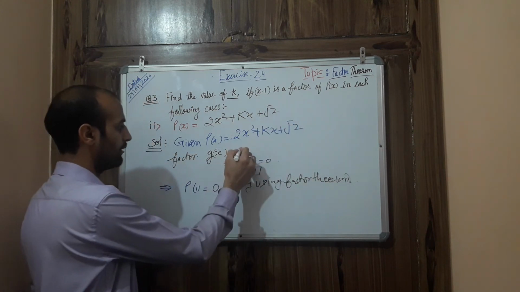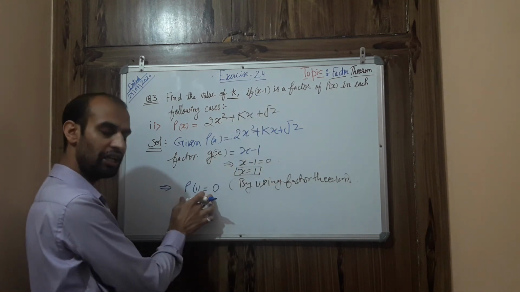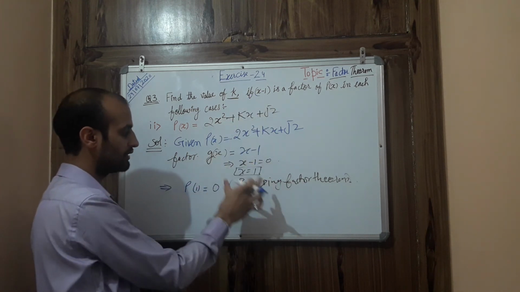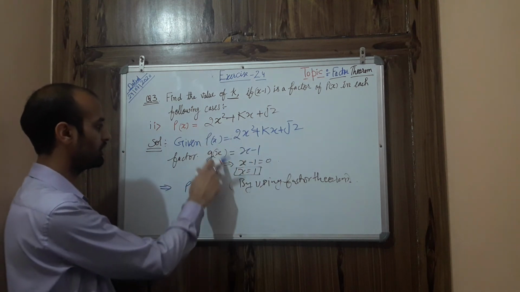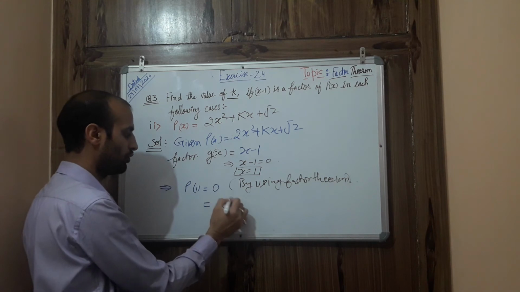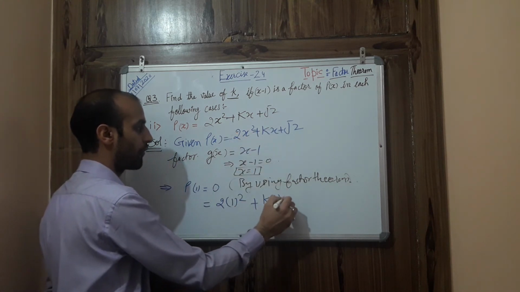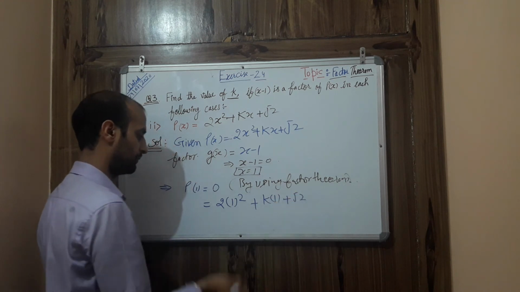Secondly, x minus 1 is a factor of this one. Similar condition I need to apply. Find x by using the factor theorem. By substituting, it must be equal to 0. So now let's substitute: 2 into 1 raised to power 2, then k into 1 plus under root 2.